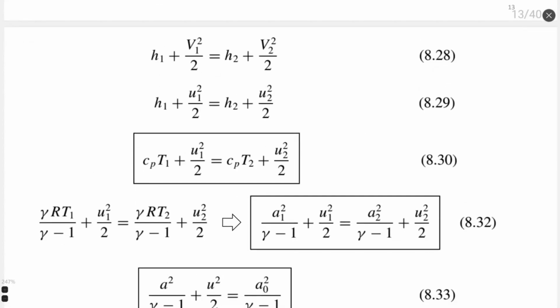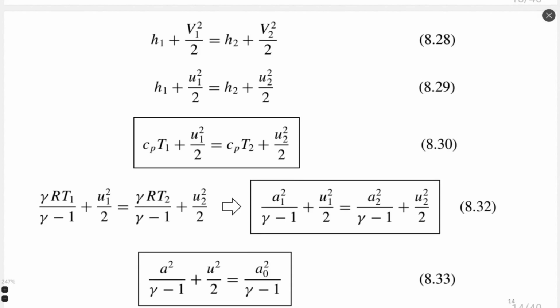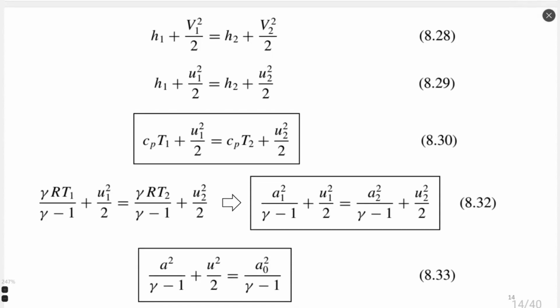What are the forms of energy equations I consider important? We have initially equation 28 as the original energy equation from our previous discussion, and its simplified form, equation 29, when we have just one-dimensional flow, with just a u component of velocity and no v component of velocity.